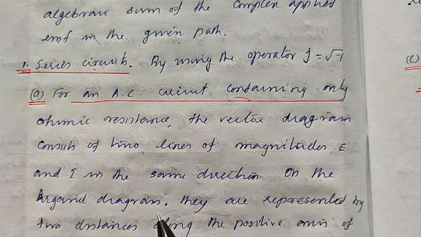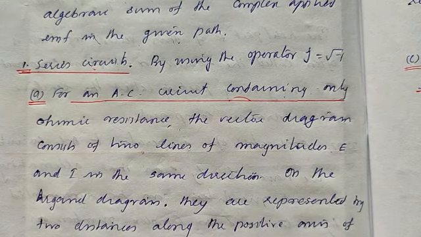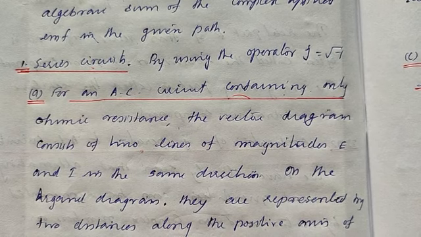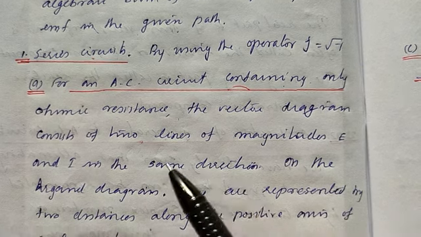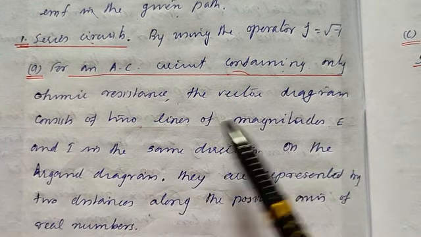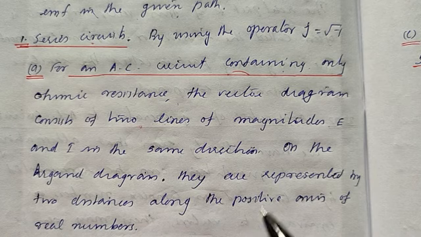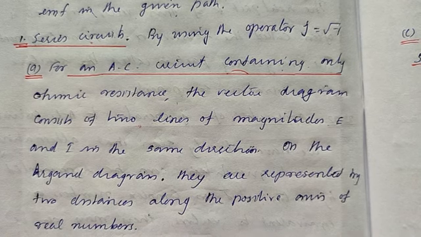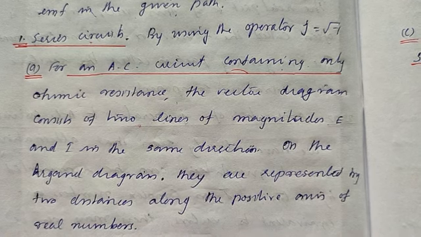On the Argand diagram, they are represented by two distances along the positive axis of real numbers. So in a pure ohmic resistance circuit, no imaginary part appears, and the quantities can be represented as real numbers along the positive real axis in the Argand diagram.